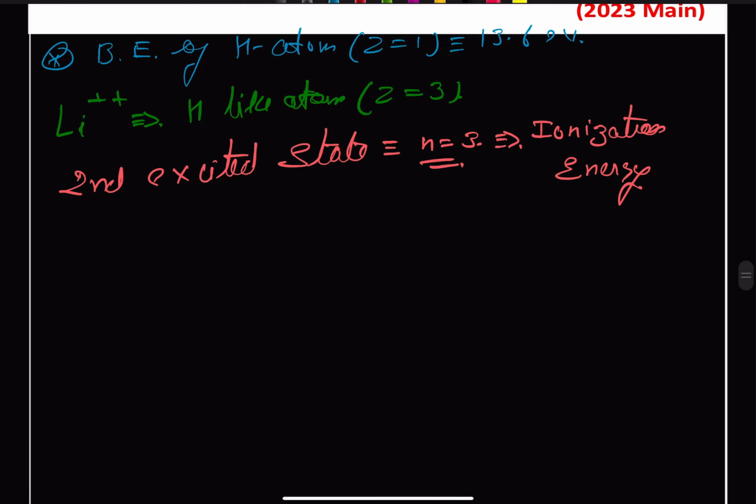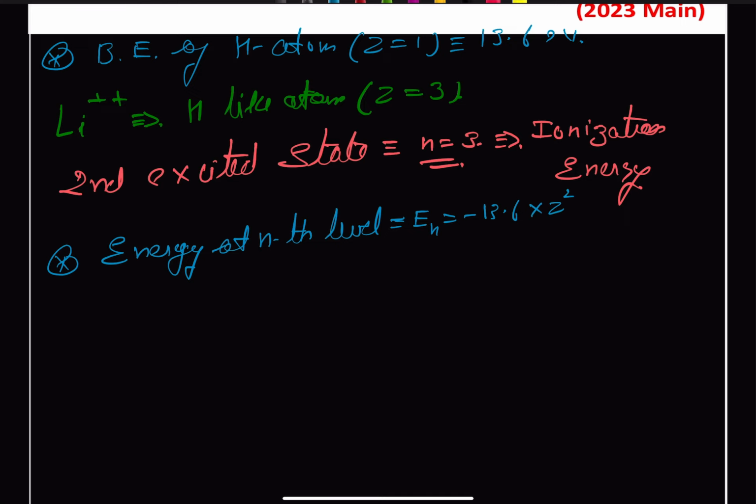We are going to use the basic formula, energy at nth level, and from there we can calculate our ionization energy. Energy at nth level, E of n, is equal to minus 13.6 multiplied by Z square divided by n square.